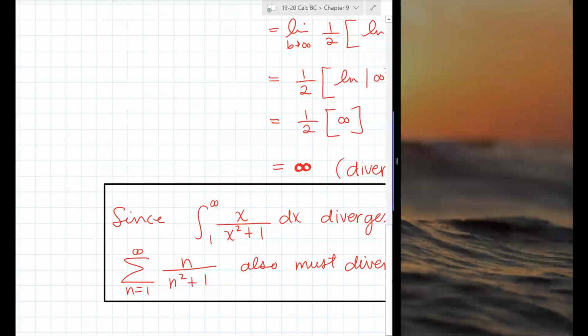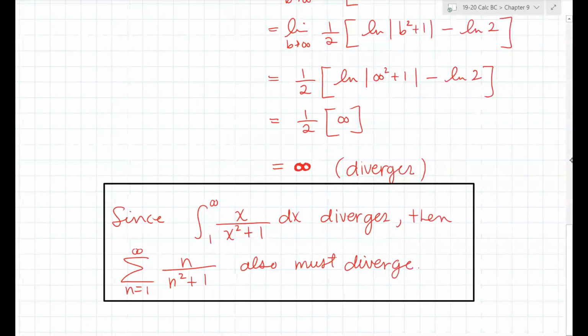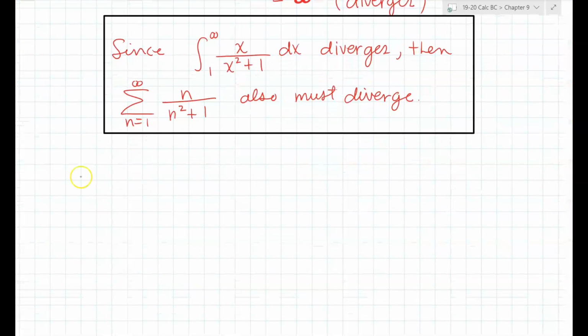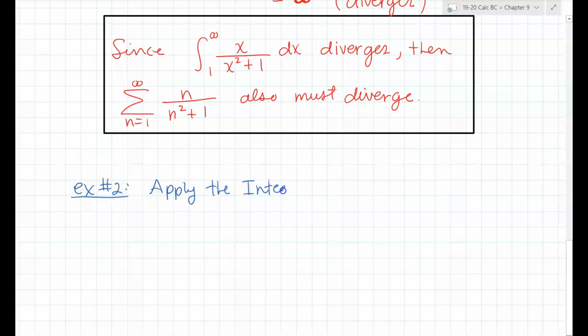Now let me close this up. I'll maximize my other window here. And let's do the second example. Example number 2. We're going to apply the integral test. And here is the series: the sum as n goes from 1 to infinity of 1 over n squared plus 1.